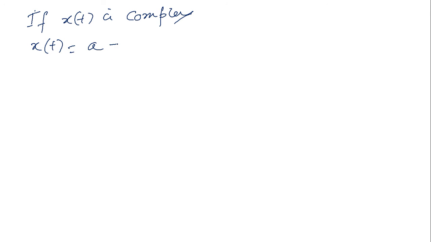Say x of t is a complex number. As we know, x of t equals a plus or minus ib, or jb.